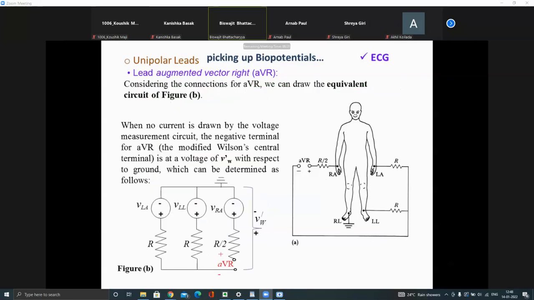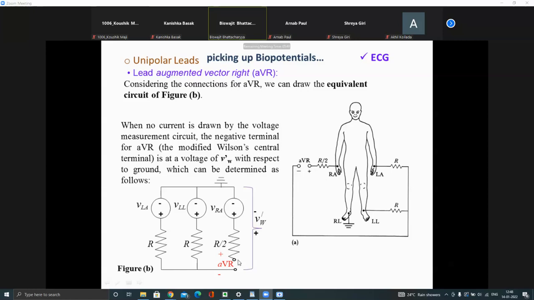Let's see. First, we just want to analyze it. It will be considered the connection for AVR. We can draw the equivalent circuit of that figure A into figure B. So you see our AVR is that voltage. It is coming adjacent to RA, VRA.